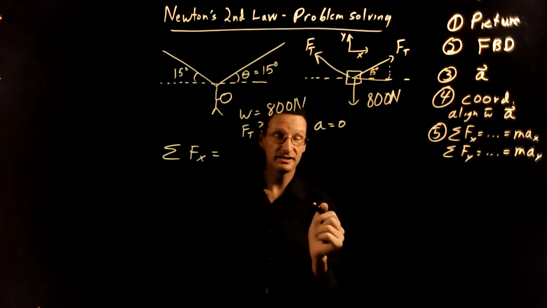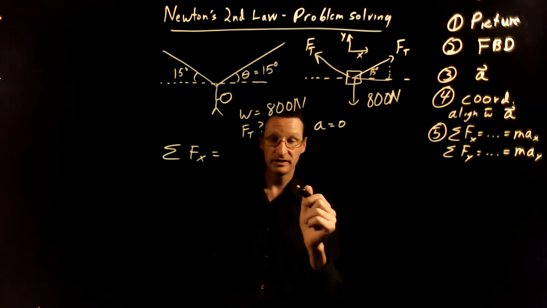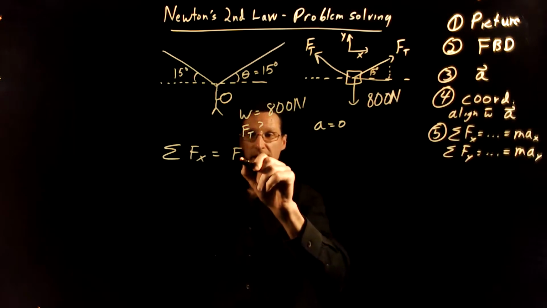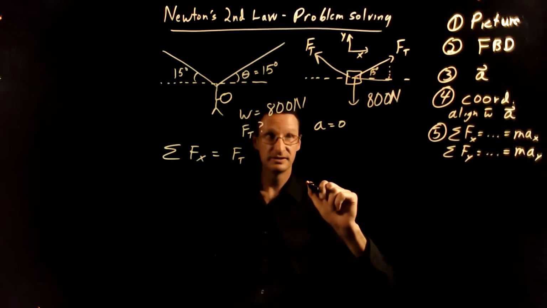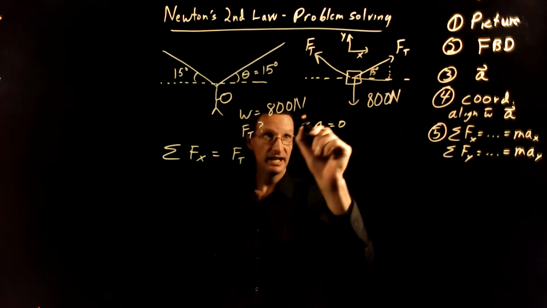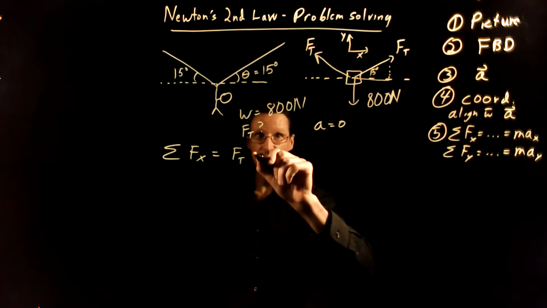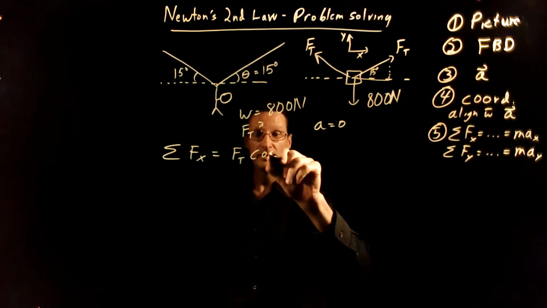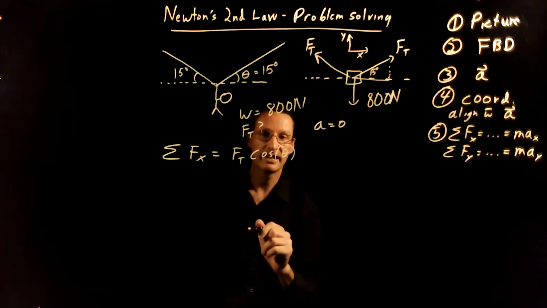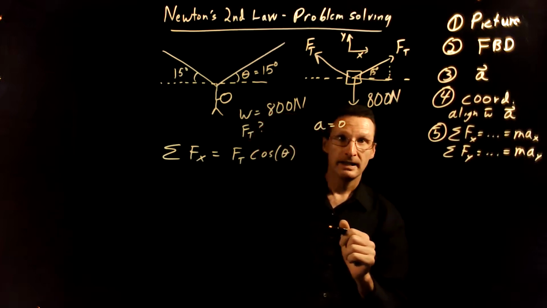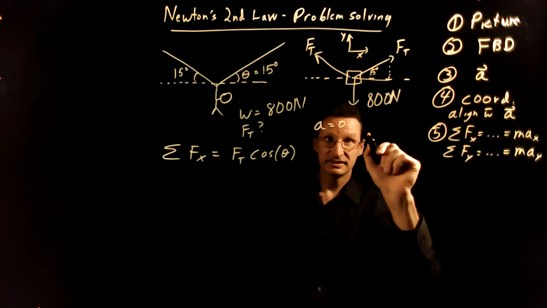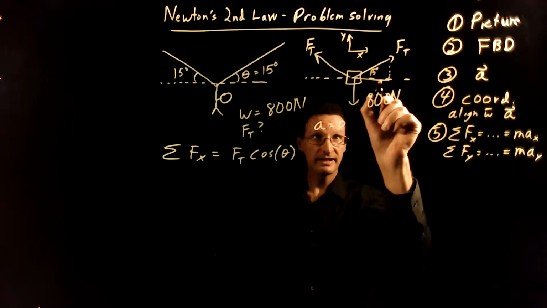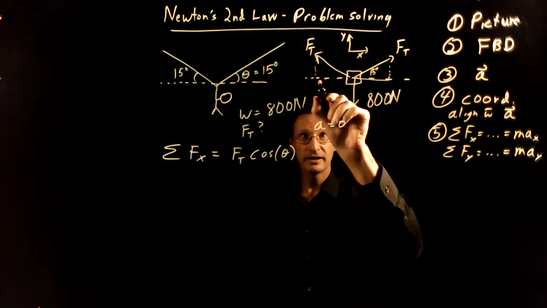So that's adjacent to the angle, and so the hypotenuse of my triangle is F_T, the tension force, times cosine of this angle. I'm just going to leave it as theta for right now, because that's adjacent to the angle. And that's this one. And then I have another one over here.